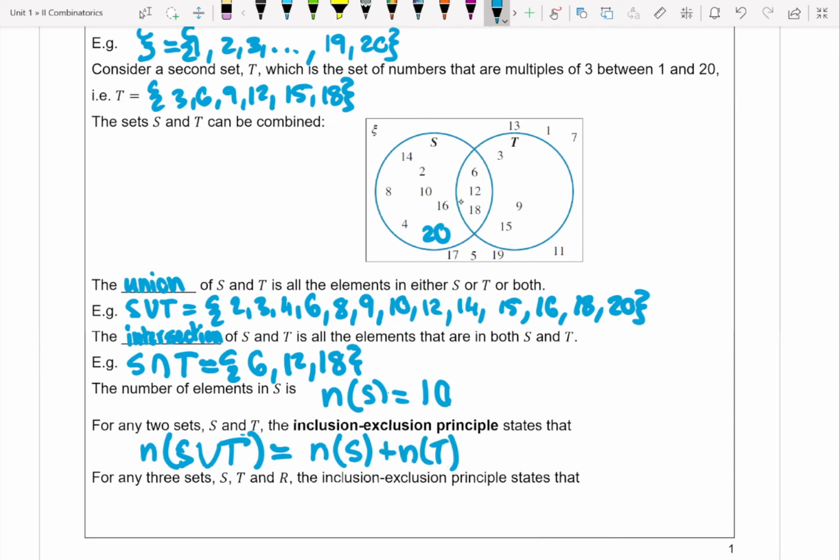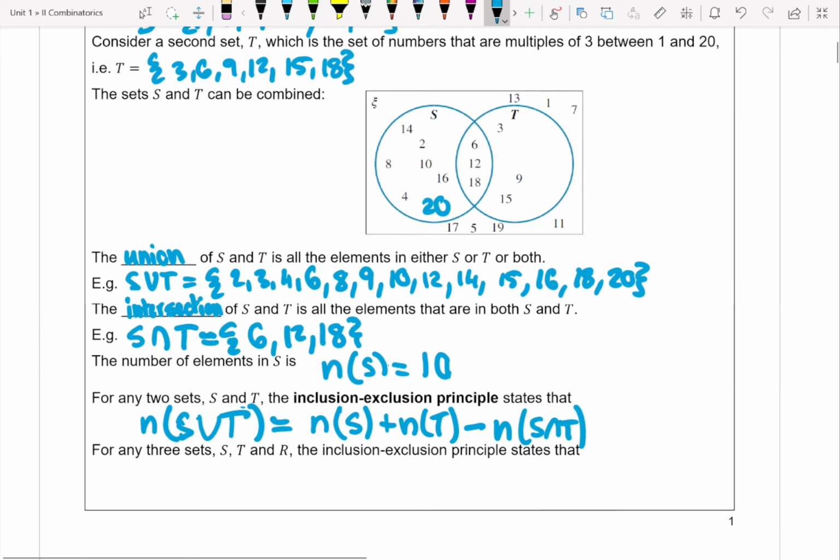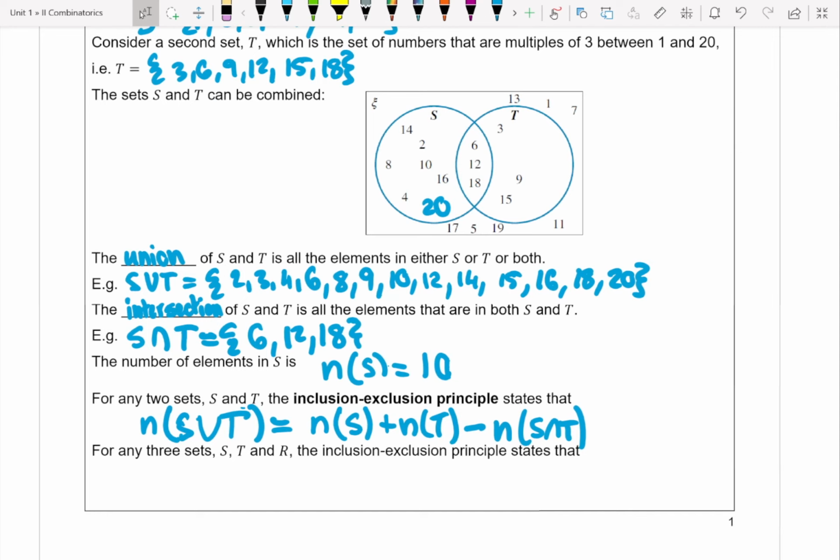We've added these 3 items in the center twice. So we actually have to subtract one instance of the intersection to accommodate for that. So this is the inclusion-exclusion principle. We include both sets and then we exclude the intersection between the sets.